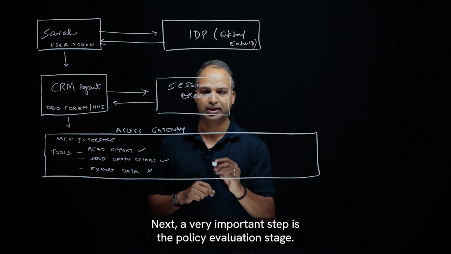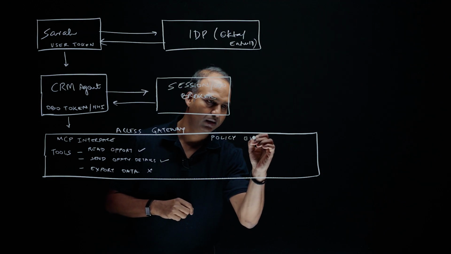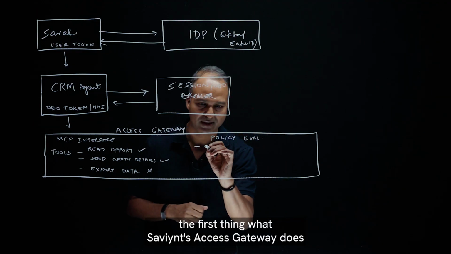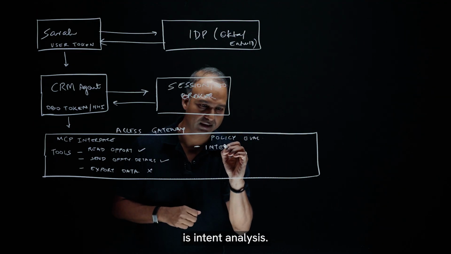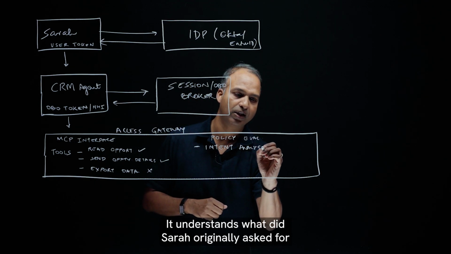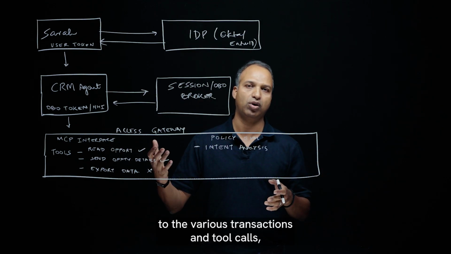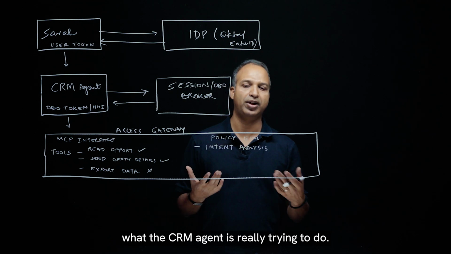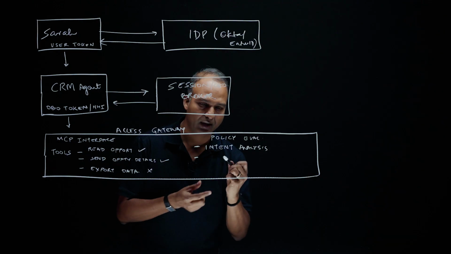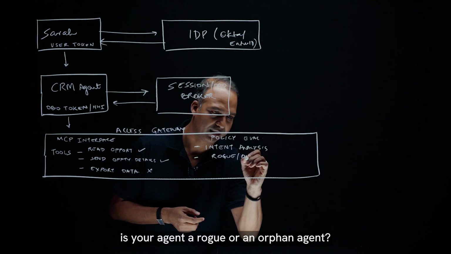Next, a very important step is the policy evaluation stage. In the policy evaluation stage, the first thing Saviynt's Access Gateway does is intent analysis. It understands what Sarah originally asked for and how it is getting mapped to the various transactions and tool calls the CRM agent is really trying to do. It also looks for things like, is your agent a rogue or an orphan agent?